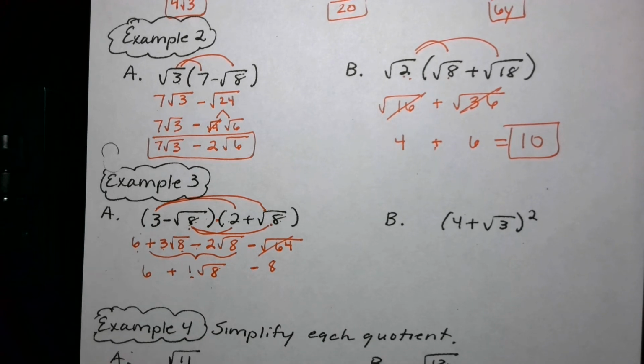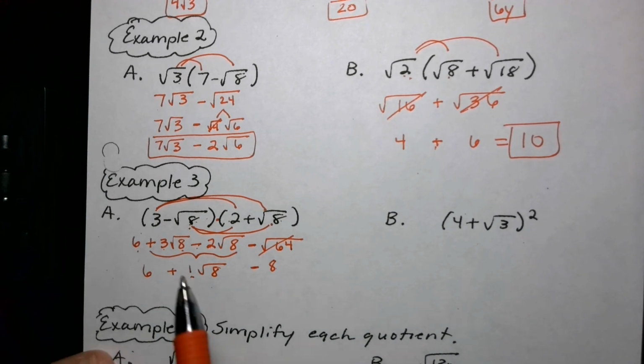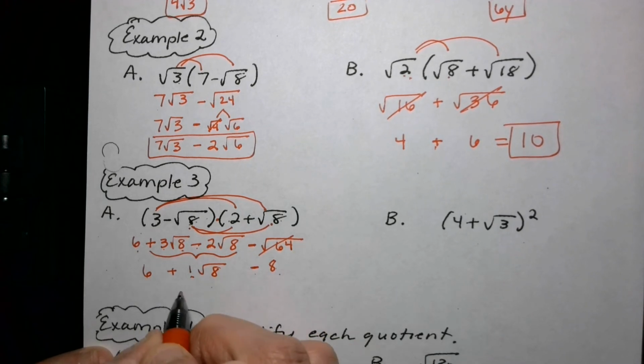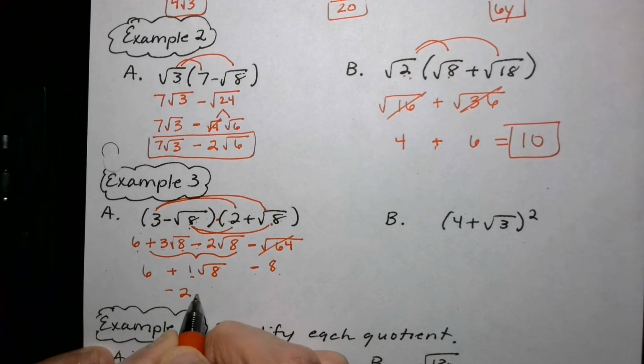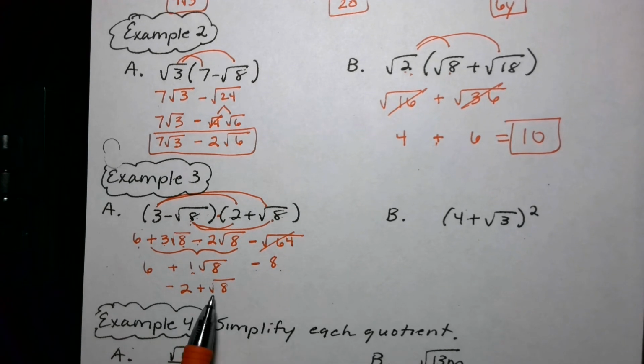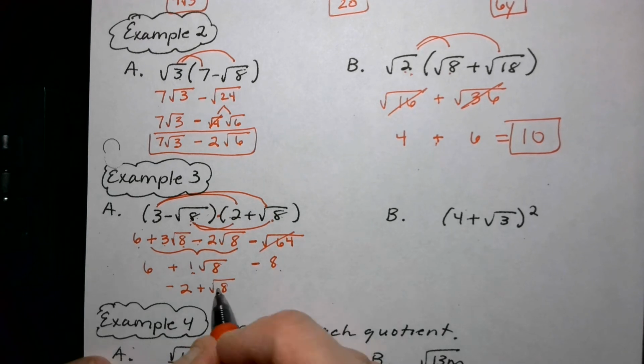And we have any other like terms we can put together? Yes, we do. We got a 6 and a negative 8. Those are both just integers. So I have a negative 2 when I add those, plus square root of 8. They're getting there, but we always got to double check. Does the square root of 8 break down? It does. So we have one more step.